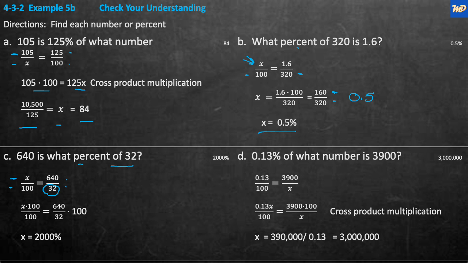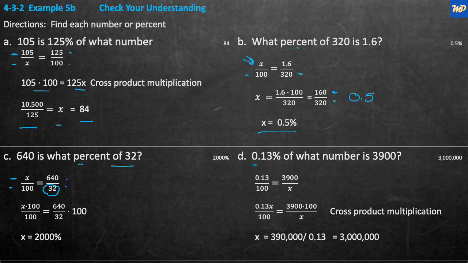Let's do the D. 0.13% of what number is 3,900? So 0.13% of some number, of a whole number, is this fractional number.